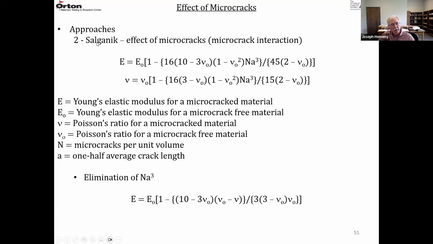Another approach, the second approach here, is by Salganic. He accounts for microcrack interactions. So this is the equation he derived.